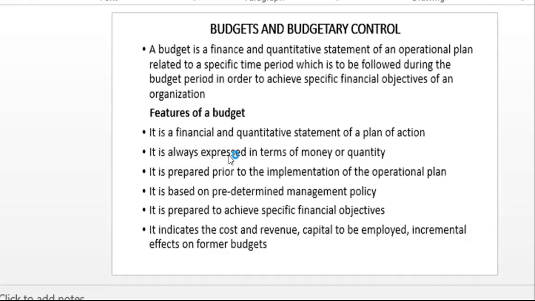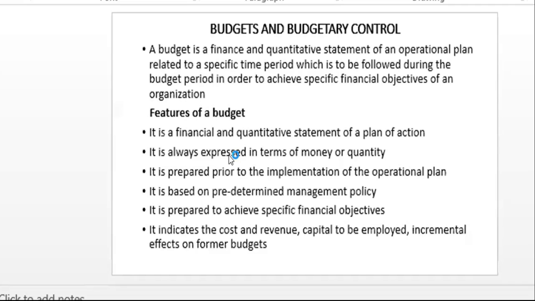So we'll be comparing the actual and the budgeted figures, so that we are able to determine the variance, and then be able to do the analysis and seek into why the variance is there. What can we do to improve, isn't it? Or what can we do so that we reduce the level of variance that may have occurred.